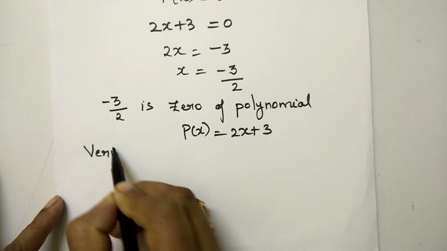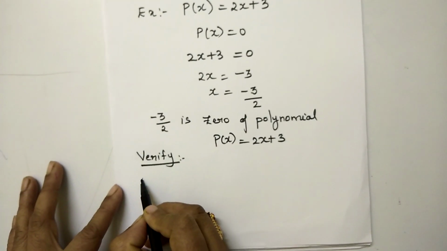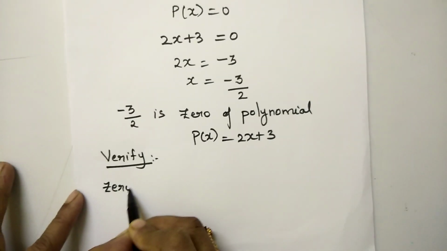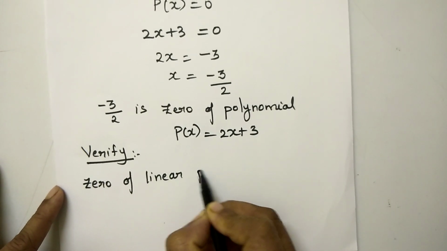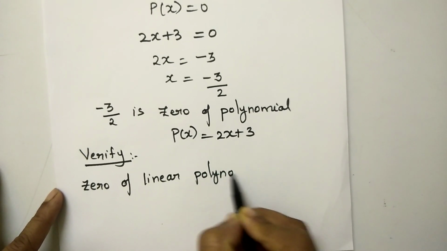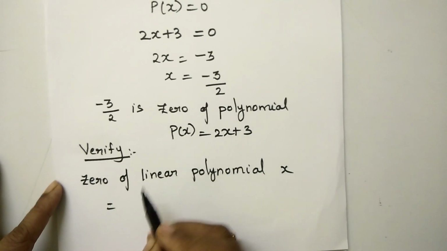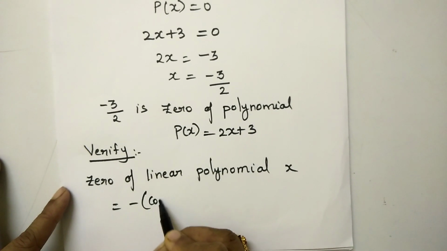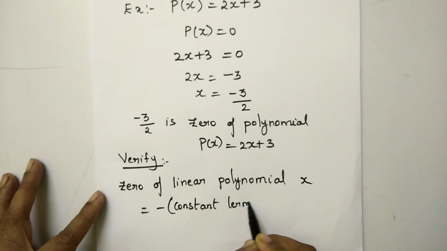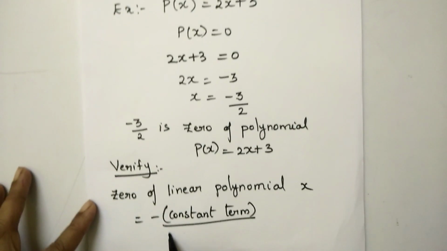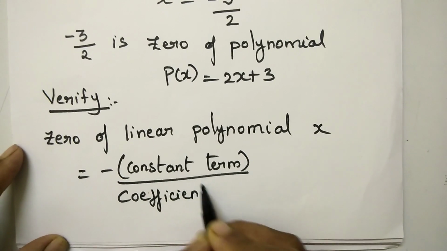If they ask to verify, just write the formula for the zero of a linear polynomial: x equal to minus of the constant term by the coefficient of x.